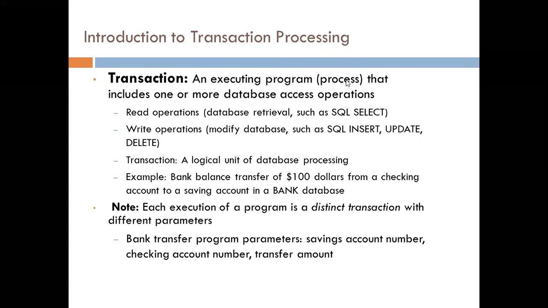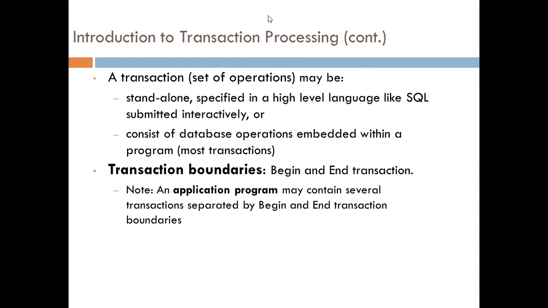Each execution of a program is a distinct transaction with different parameters. Be it the bank transfer program, the parameters will have an account number, checking whether the account number itself is valid or not, and then transferring the amount. These things are called a transaction.